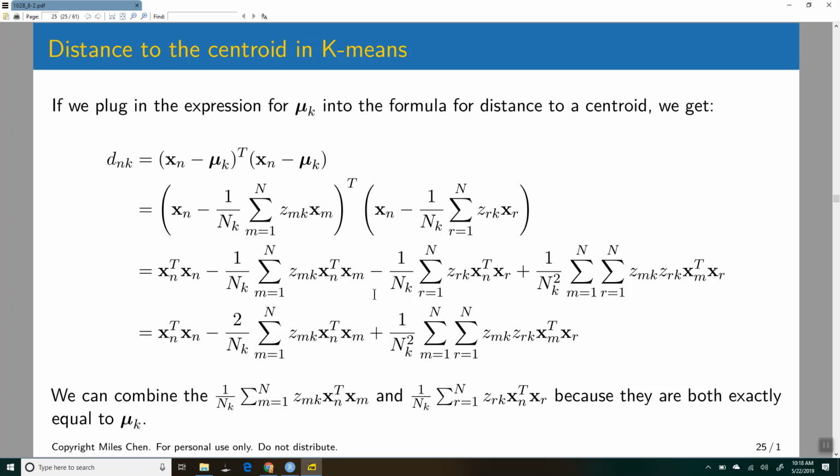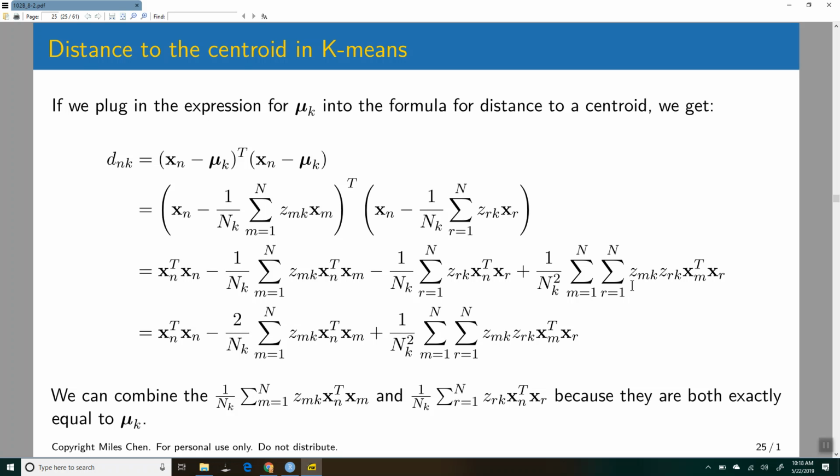these I can combine because these are both exactly equal to mu sub k times xn, and I've left off the xn here. I've got to fix that. But these two things, even though they've got different subscripts, they're referring to the same quantity. The mu sub k over here uses subscript r, and this mu sub k over here uses subscript m, so they're different quantities.